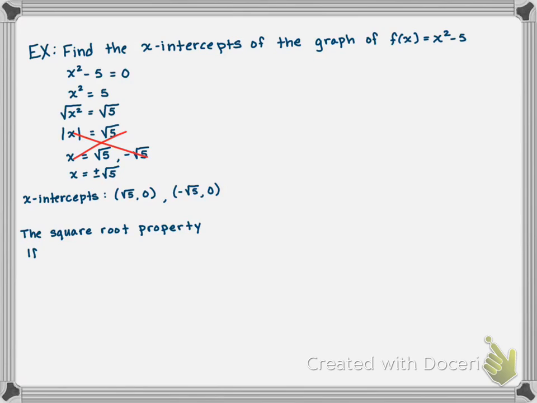If you have any equation where the left side is something in parentheses raised to the second power and the right side is a constant, then you can take the square root of both sides. So then whatever that something is, is equal to plus or minus the square root of the constant.